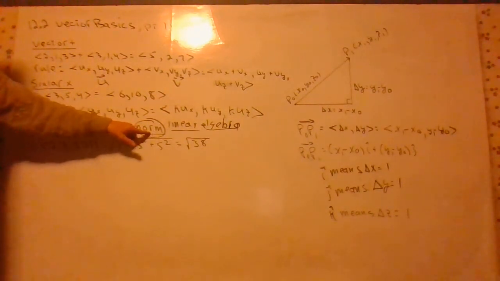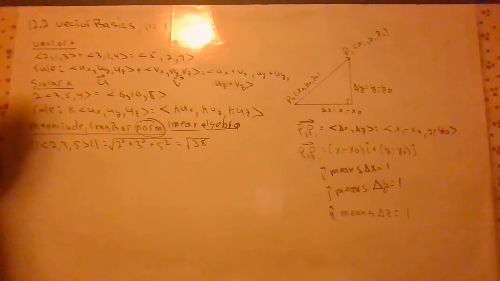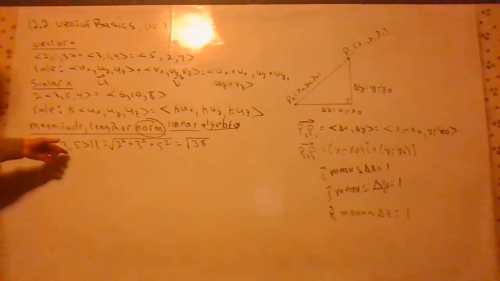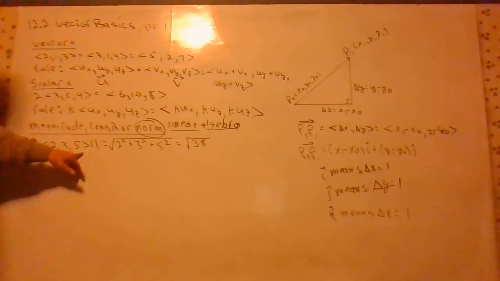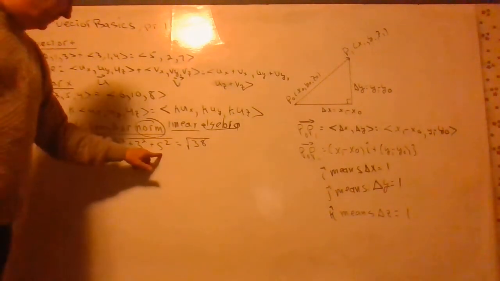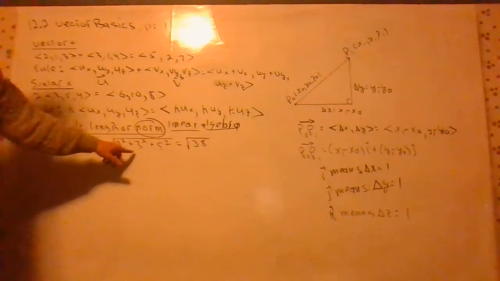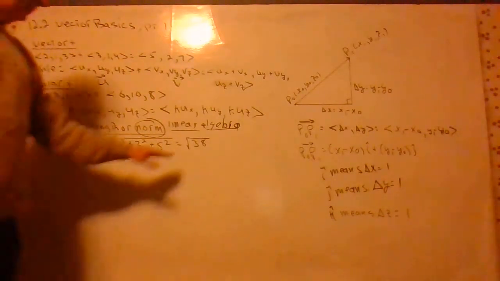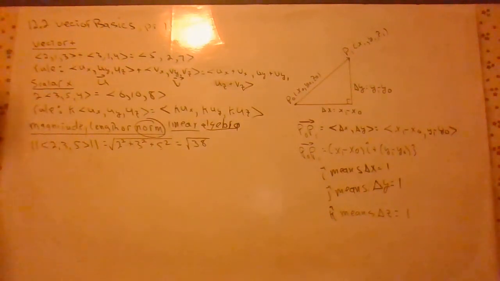So you can use the term norm freely in 2 and 3 dimensions, and then it will continue to be used in linear algebra. Well, in any event, the norm of 2, 3, 5, which is the length if you sketch this in 3 dimensions, is a 3-dimensional Pythagorean theorem, square root of 2 squared, 3 squared, 5 squared, square root of 38. 25 and 9 is 34, and 4 is 38, which is going to be 6 point something, low 6s.